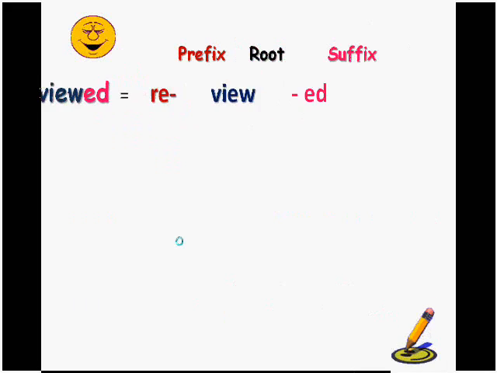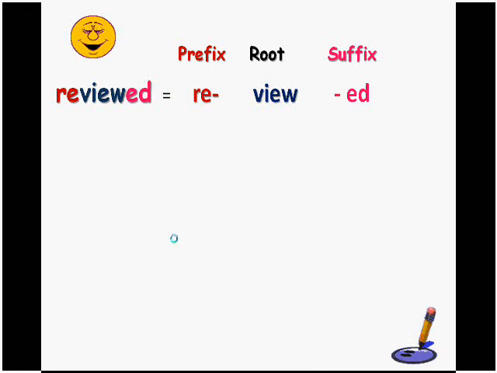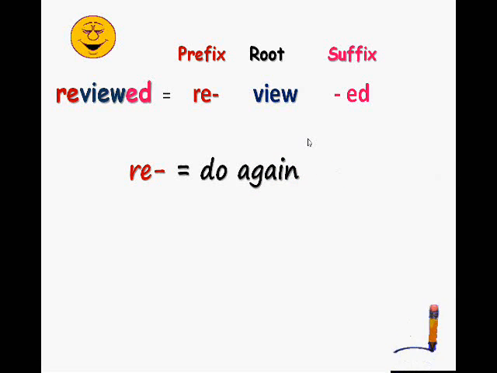Also, it's the same here. Then the shape of the word is going to be like that. Reviewed means re, the prefix, view, the root, and ed, the suffix. As we said, prefixes and suffixes indicate certain meanings. Okay? So, re means do again.